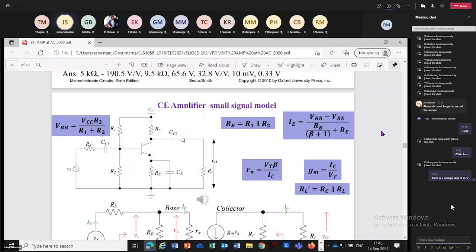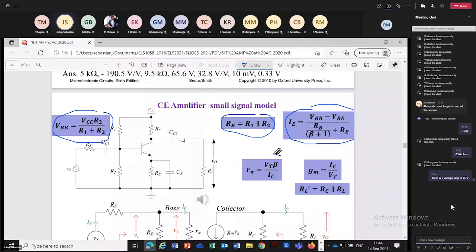All that is given on this slide. This is a recap, especially the first part is a recap from BJTs at DC. VBB, RB, and IE nearly equal to IC.